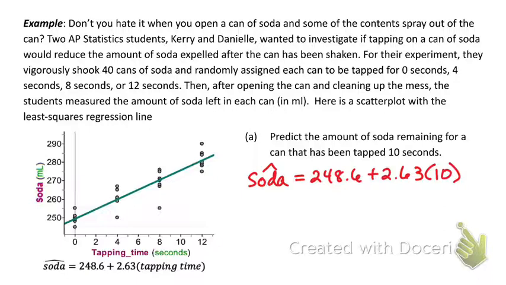And we just need to plug that into a calculator and figure out what that equals. It should be somewhere close to 275. Obviously, we looked at our graph and we saw it's close to 275. And what did you get?